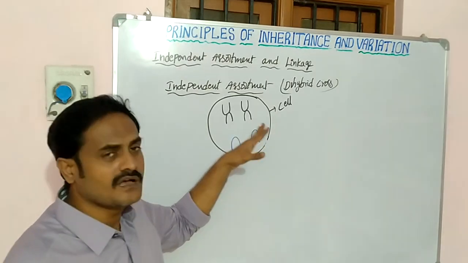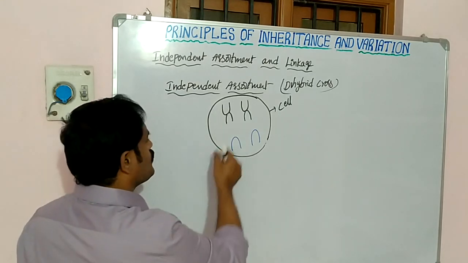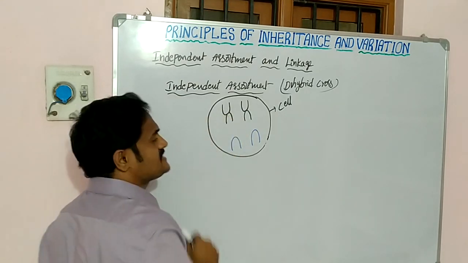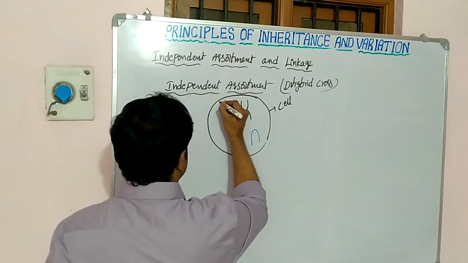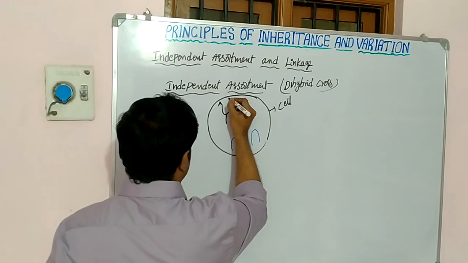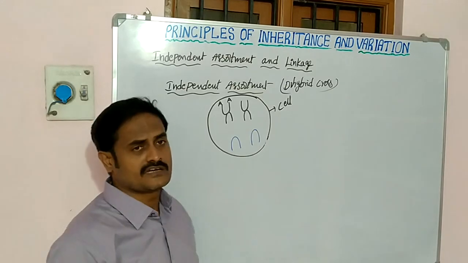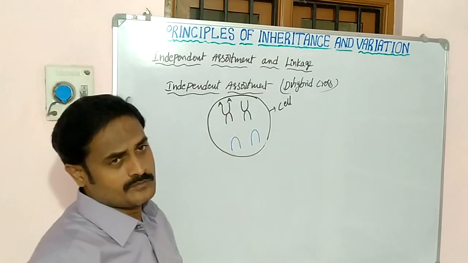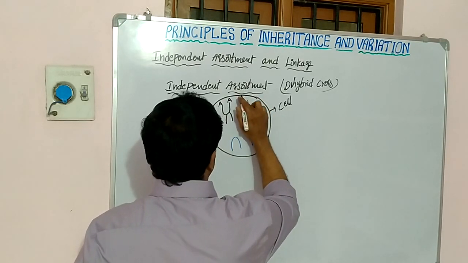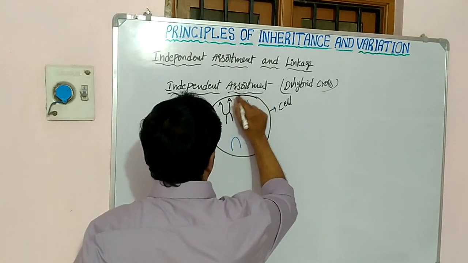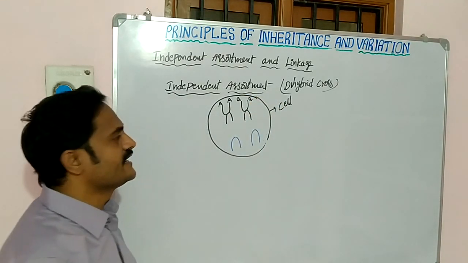Okay, how do they produce the new character? Suppose this chromosome, each chromosome consists of two genes, remember. So what are they? Here, this is capital A and capital A. Both are the same genes present in one chromosome. Then the second chromosome consists of small a and small a.